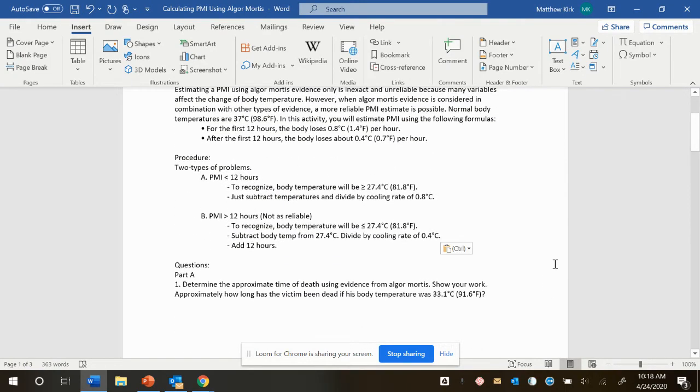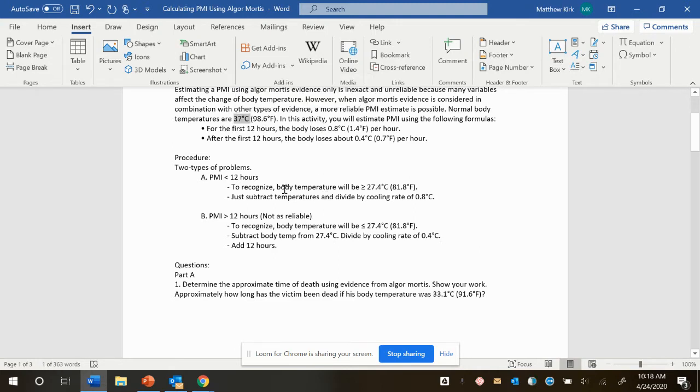So again, some things to keep in mind as we do this. Remember, our standard body temperature is 37 degrees Celsius. Again, I like to use Celsius in this. And there are really two types of problems that we have.